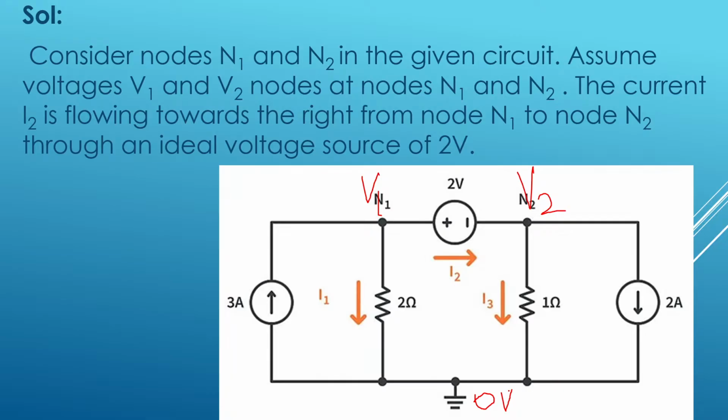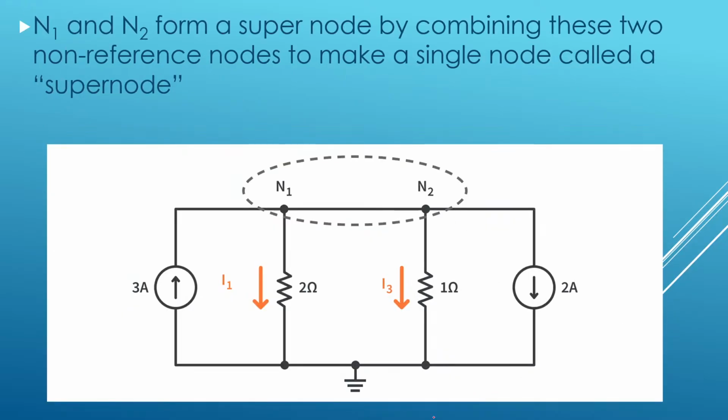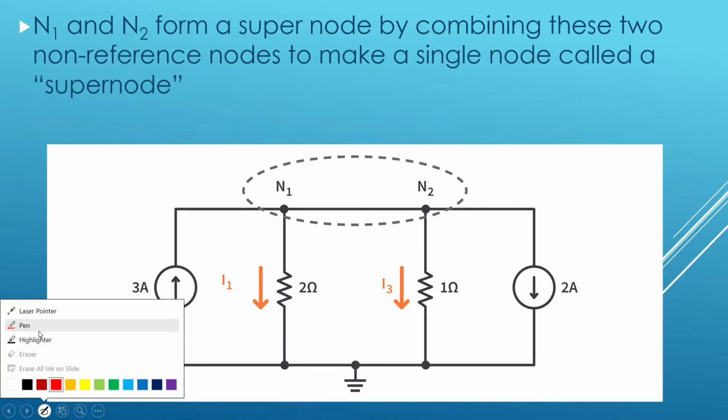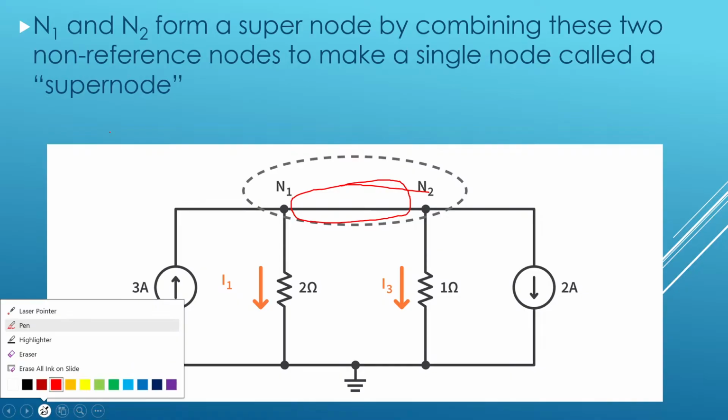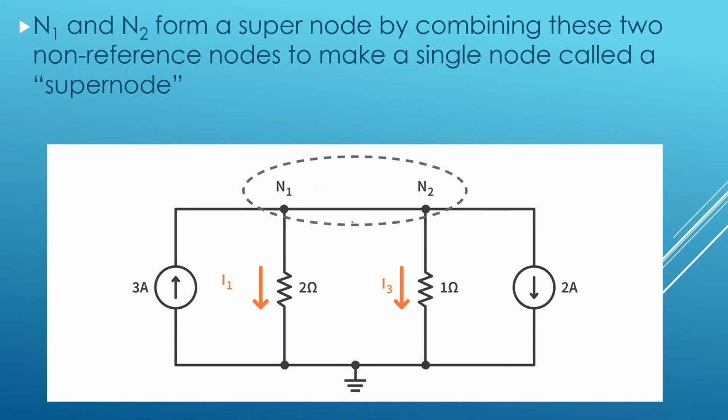Now, to apply supernode analysis, initially you have to short circuit the voltage source between these two nodes, and if there is any series element along with that voltage source, you remove that resistance also.